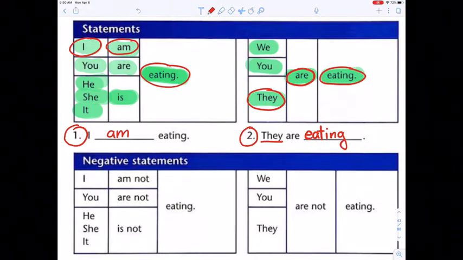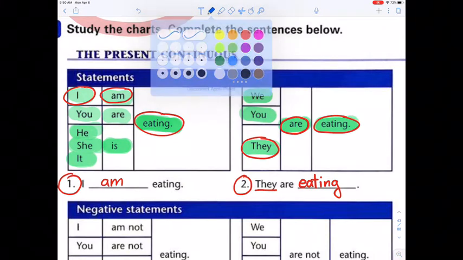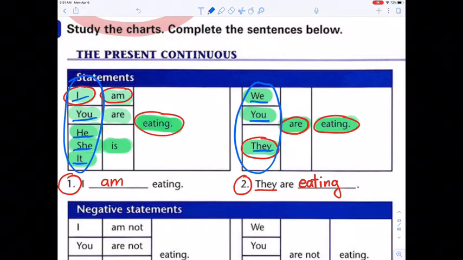So, how do we make the present continuous? Well, we need a subject. These are the subjects. I, you, he, she, it. We, you, and they. We need a subject. And then we need a verb. This is a verb tense.